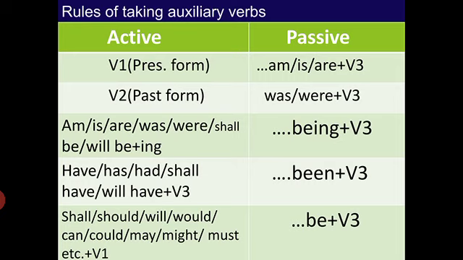If there is V2 in the active voice, you have to take was/were plus V3 in the passive voice. If there is am/is/are/was/were, shall be, will be plus ing, you have to take being plus V3.